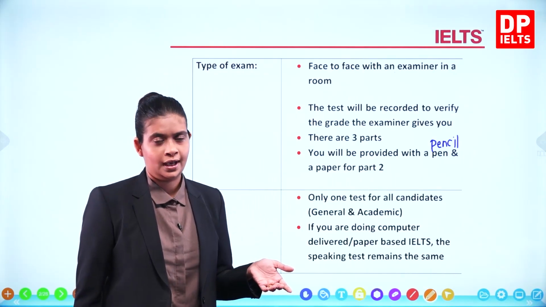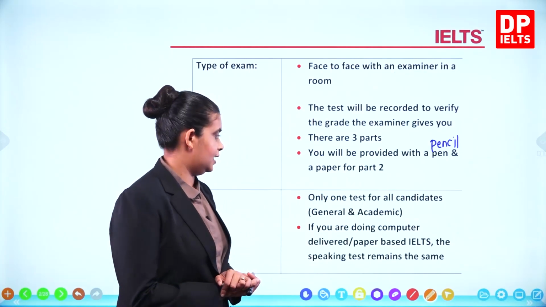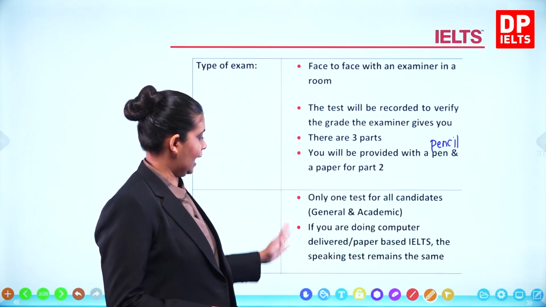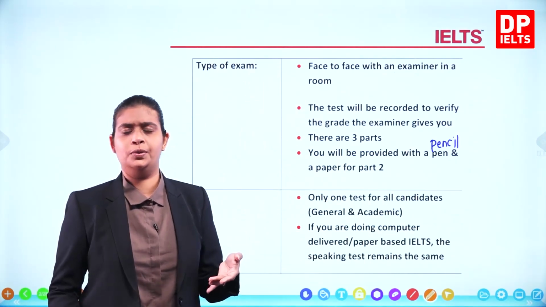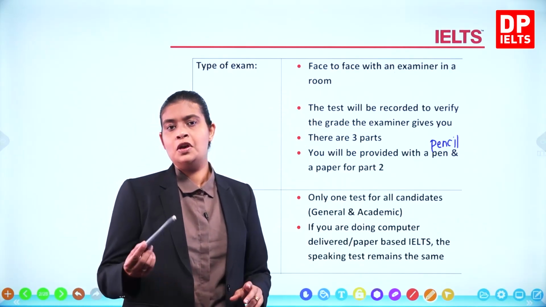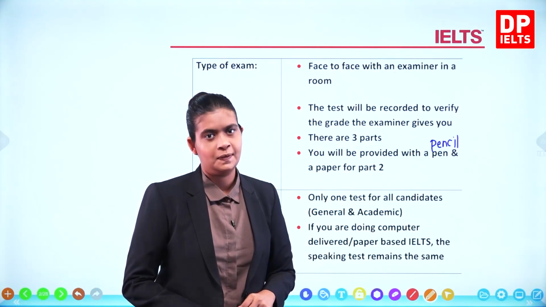Even if you're doing academic, even if you're doing general, the test will be the same. There's no difference, right? And as I told you, even if you're doing paper-based, even if you're doing computer-based, you will still have to face an examiner face-to-face in a room, and they will conduct the speaking test.